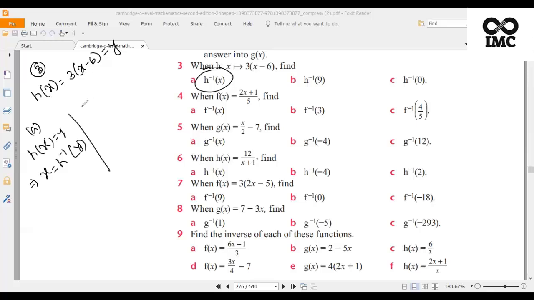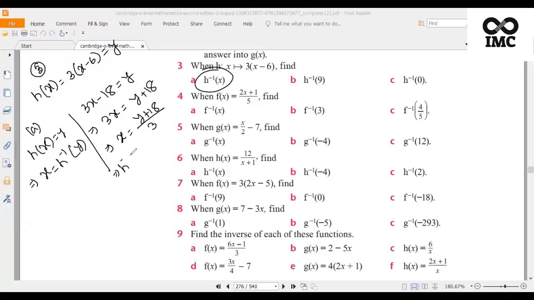Second part, 3 into x, that is thrice x minus 18 equal to y. Then thrice x equal to y plus 18. Then the value of x will be (y plus 18) by 3. Now, if we compare these two equations, then we can say instead of x, we can put h inverse y.